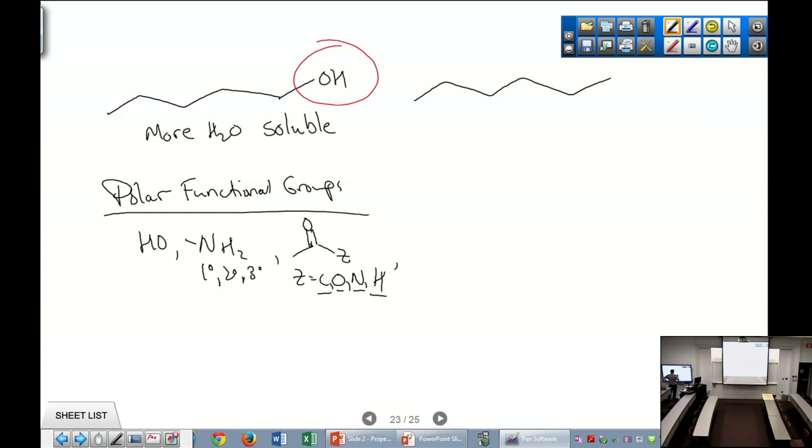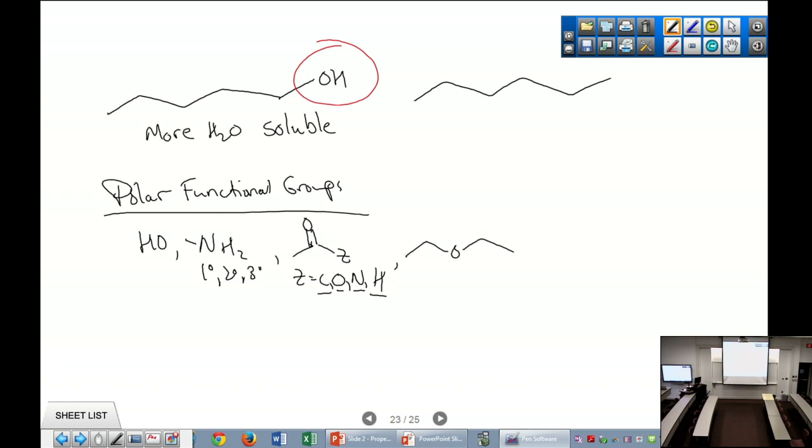Okay. Now, the more polar functional groups you have, the more water soluble your molecule will be. Okay? It doesn't mean that your molecule is going to 100% mix with water, but the more polar functional groups you have, the more water soluble you're going to be.